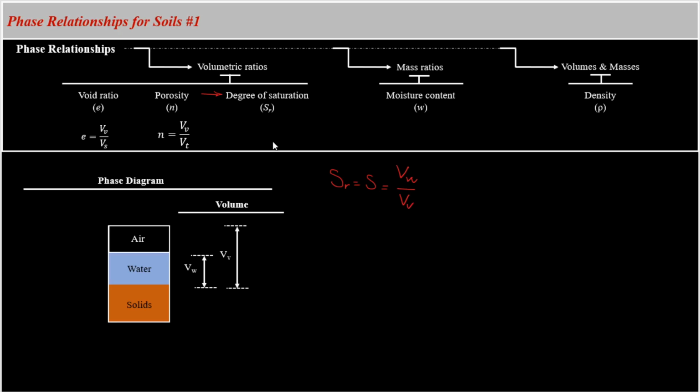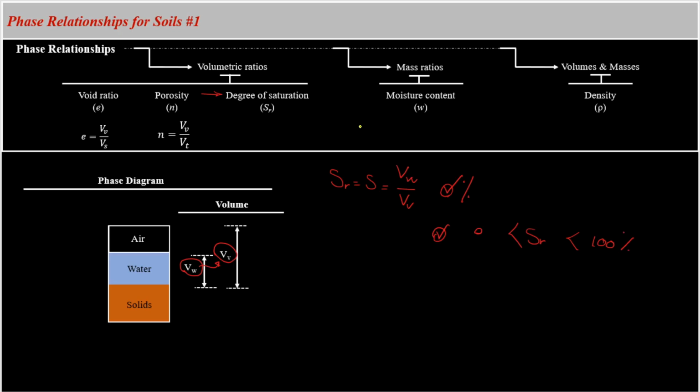This parameter simply quantifies how much water exists between the volume of voids in our sample. This parameter is usually expressed as a percentage, and both mathematical and practical values of the degree of saturation are anywhere from 0 to 100%.